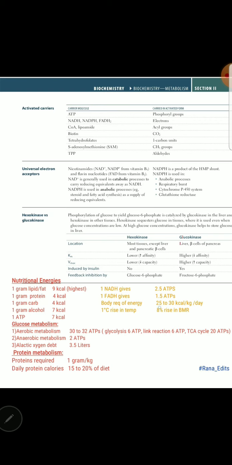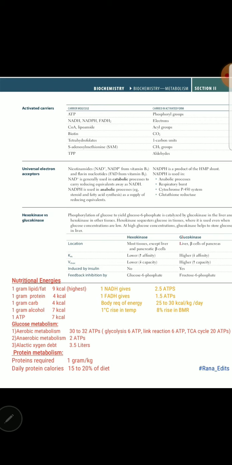If we multiply it with 70, we will get like 2100 calories. That is the daily requirement of usually one person, roughly. So it is 25 to 30 kilocal. And 1 degree rise in temperature of body will raise basal metabolic rate by 8 percent. That is also an MCQ that should be remembered related to this topic.